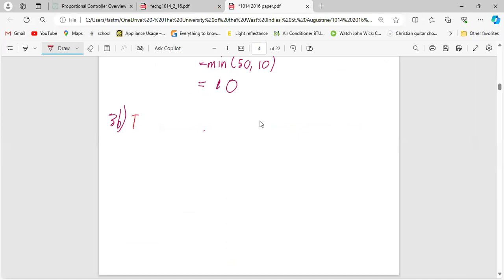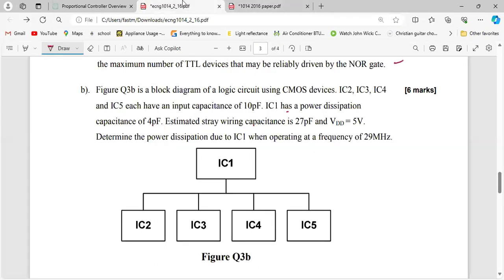So the first thing I had to calculate is the total power dissipation capacitance, right? And the equation for that is CPD, capacitance power dissipation, which I gave you in the question, right?